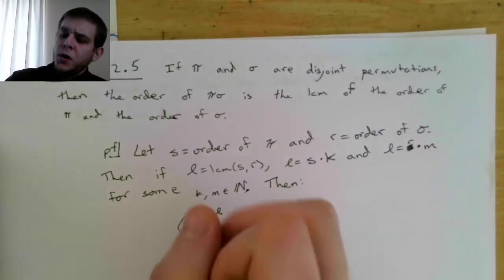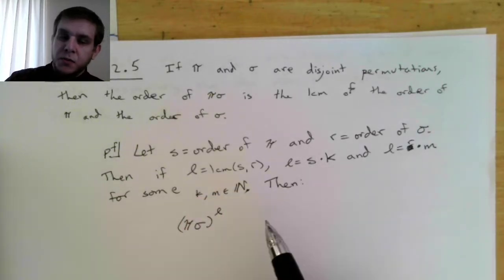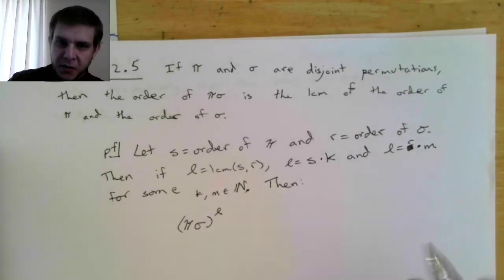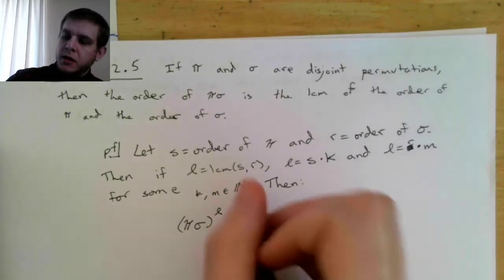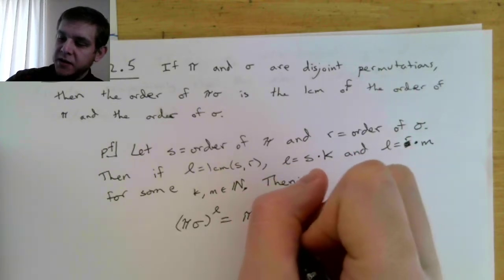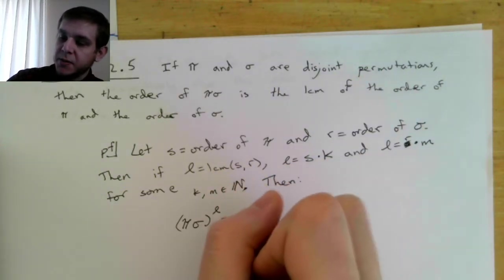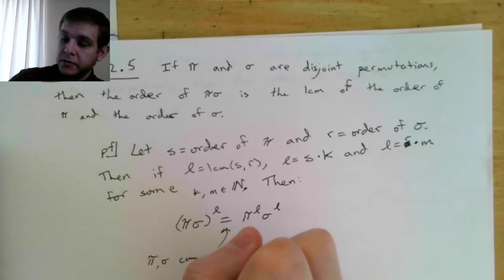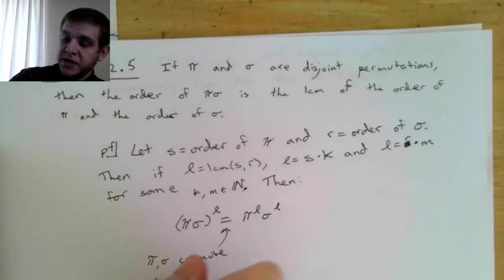Well, if you remember, one of the things we proved is that pi and sigma commute, right? So this is just pi sigma, pi sigma, pi sigma, L times. So I can rearrange it to be pi to the L, sigma to the L. And this happens only because pi and sigma commute, since they're disjoint.